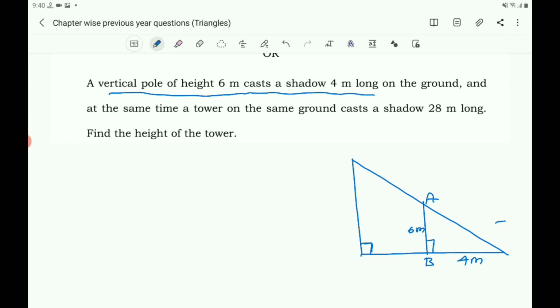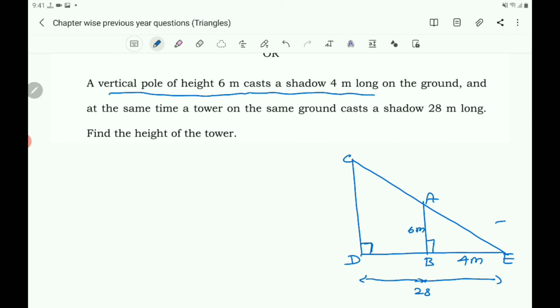So let us have CD is a tower and it casts a shadow of length 28 meter. So from here to here, that is 28 meter. So let us have this DE is a shadow of the tower. Its length is given, that is 28 meter, and find the height of the tower.